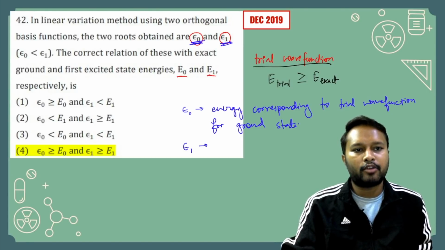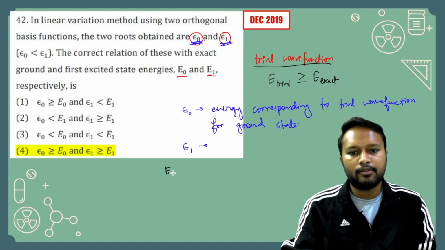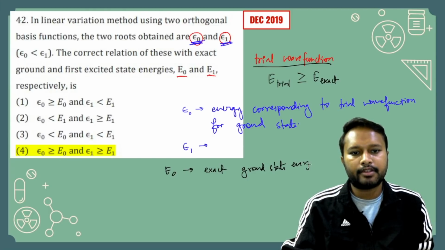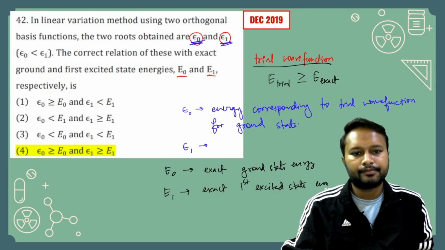Now what are the other terms? E0 is the exact ground state energy, and E1 is the exact first excited state energy.